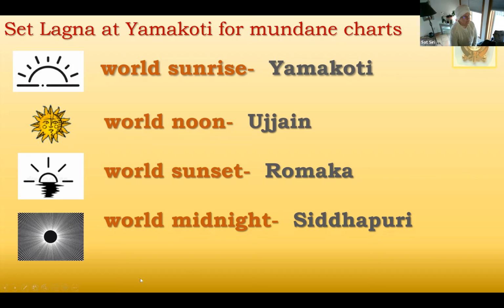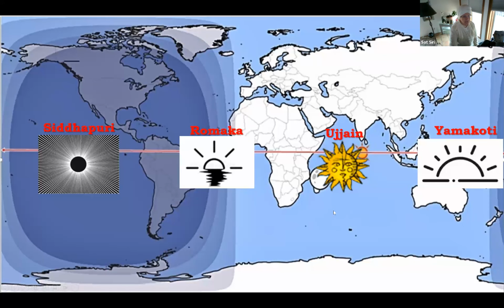So Surya Siddhanta mentions these 4 parts of the world. Sunrise happens over in the east at Yamakoti, and the noon for the world, it's like we spread out along one day the 4 phases of the sun. We have sunrise in the east, that's Yamakoti. We have sun at noon over India and Asia, and that's called Ujjain.